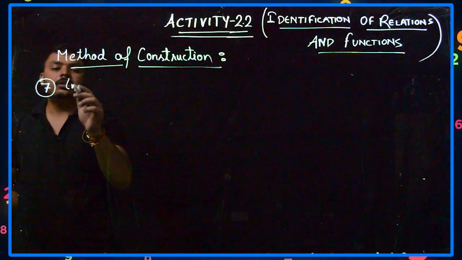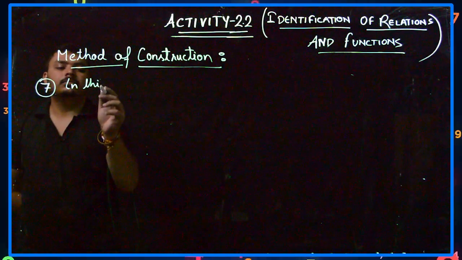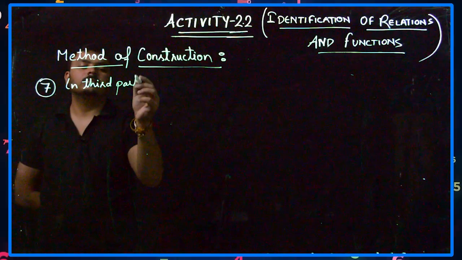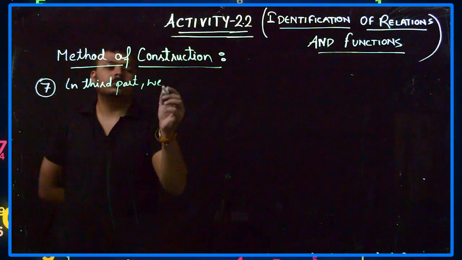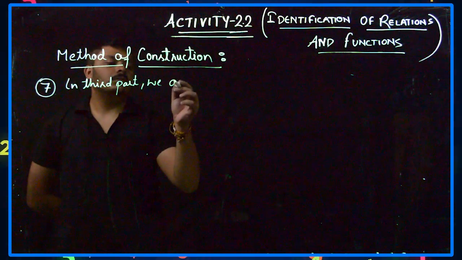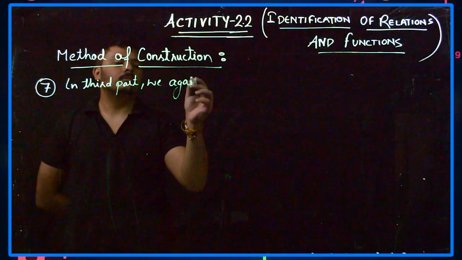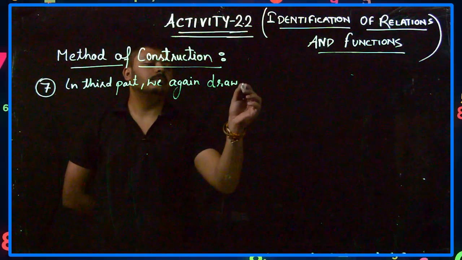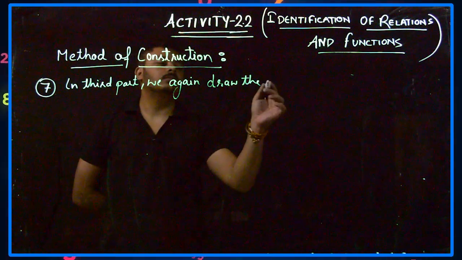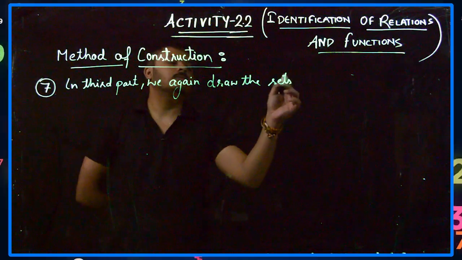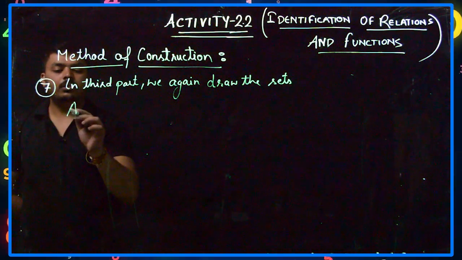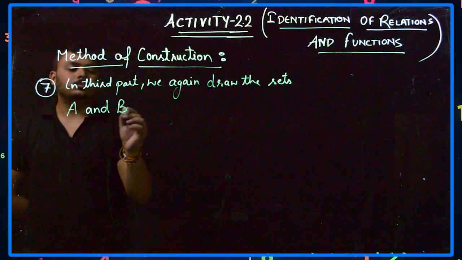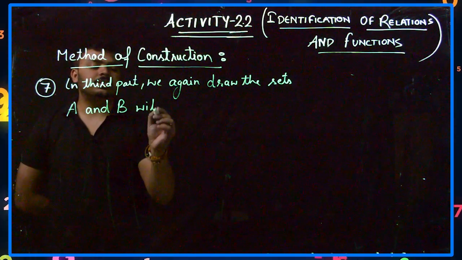Now, in the third part, we again draw the set A and B with the same elements.